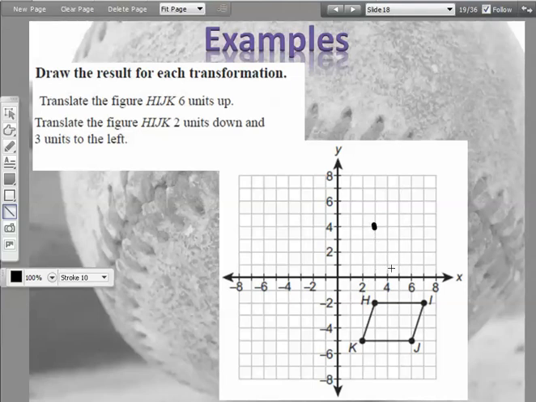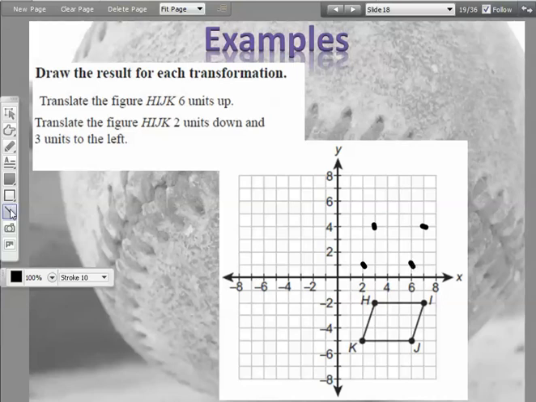That's going to be my new H. Look at there, I did a point. So here's K, and I'm going to go 1, 2, 3, 4, 5, 6. So there's my new K. 1, 2, 3, 4, 5, 6. There's my new I. And then J is 1, 2, 3, 4, 5, 6.